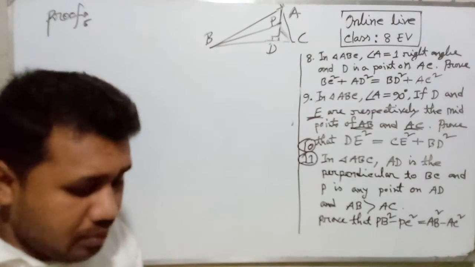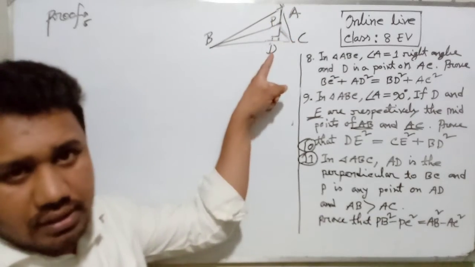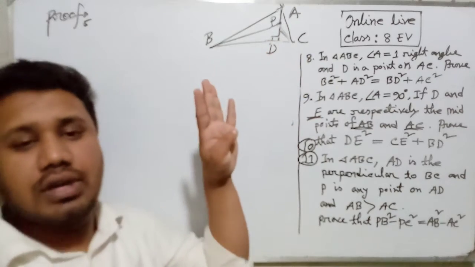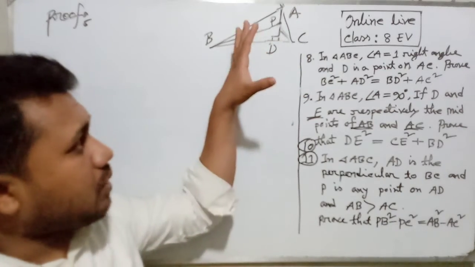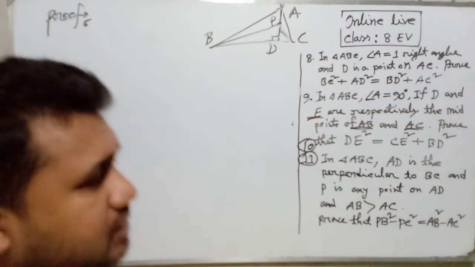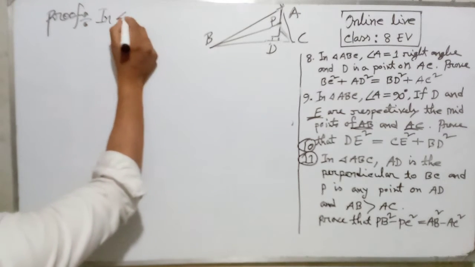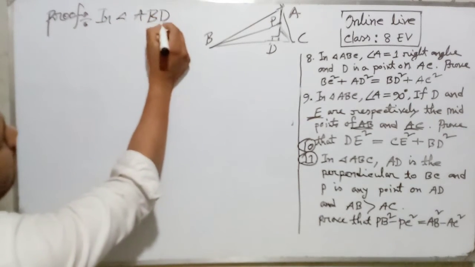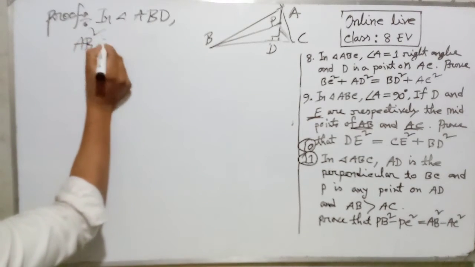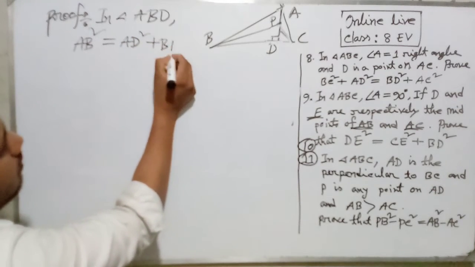So here how many right angle triangles, dear students? Look, there are 4 right angle triangles: ABD, ACD, PBD, PCD. Suppose at first we take the first 2 right angle triangles, ABD and ACD. Now dear students, look, in triangle ABD, we can write AB square equal AD square plus BD square.